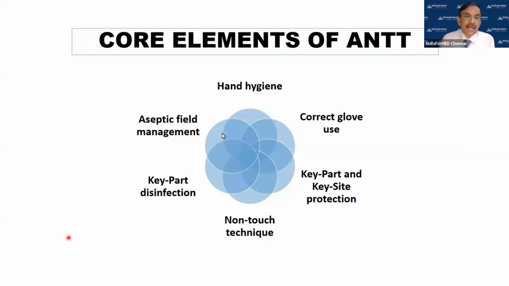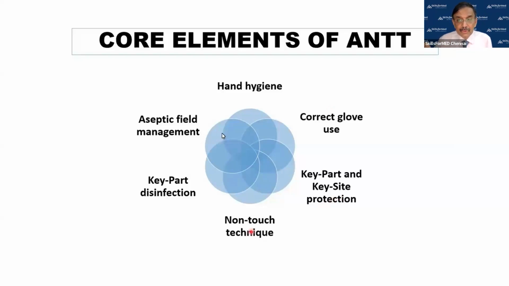ANTT starts with hand hygiene, using the correct glove. Either you use a sterile glove or clean gloves; we'll come to that. That is a choice in ANTT. And then you need to make sure you prepare the key part and key site protection, as I mentioned in the micro critical sterile field. And then you have to use a non-touch technique.